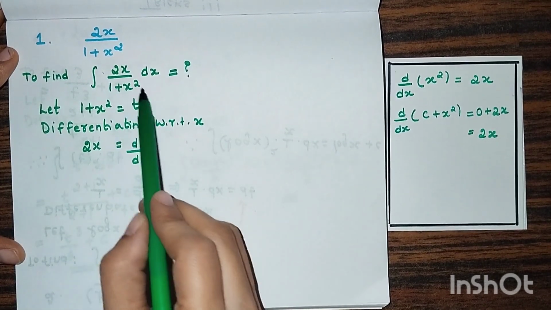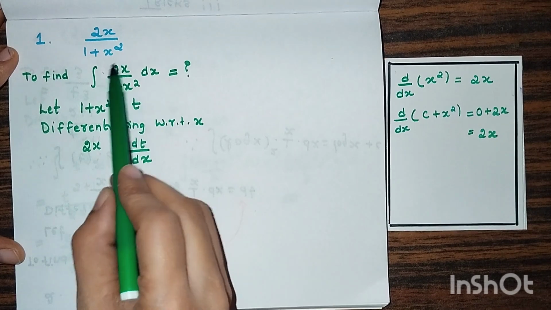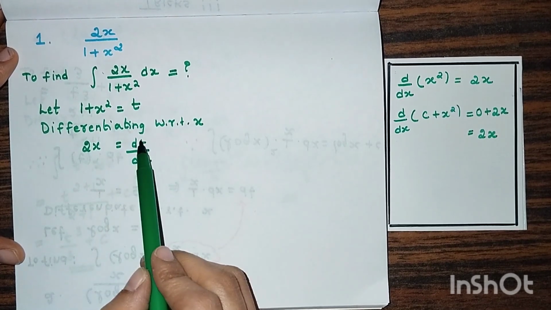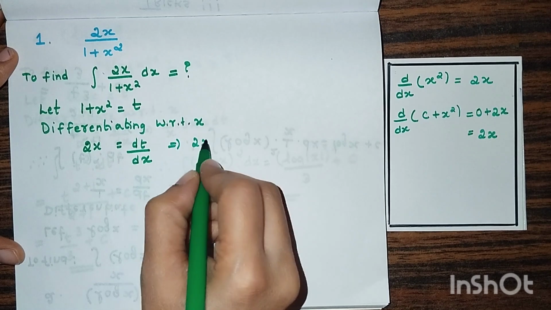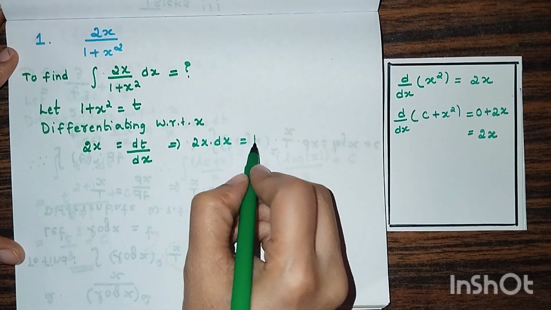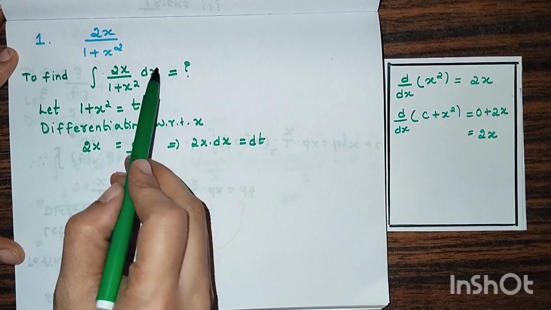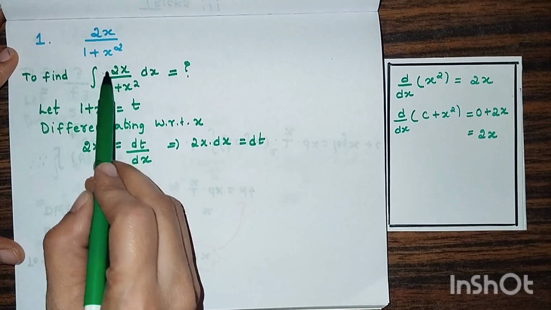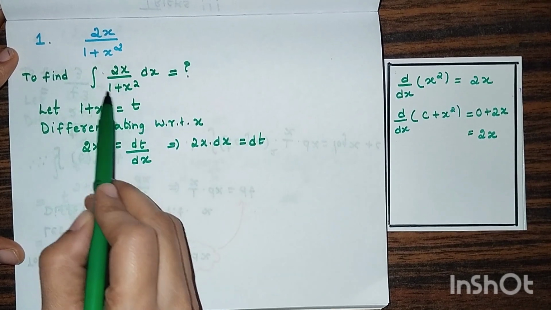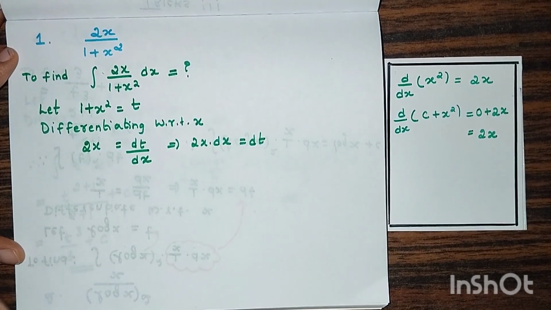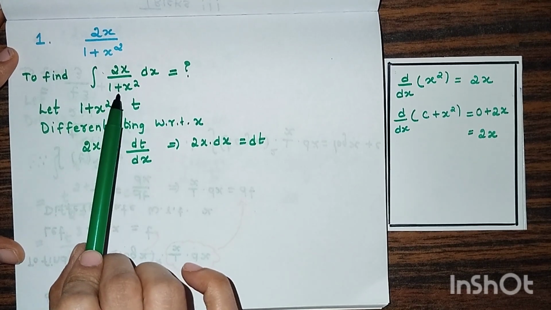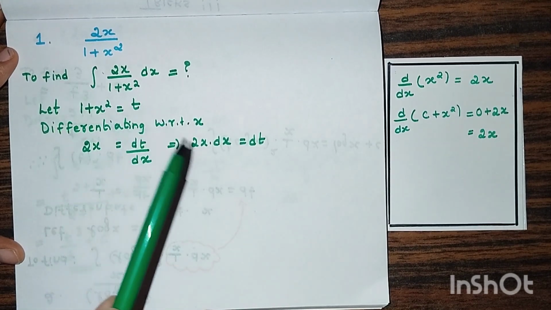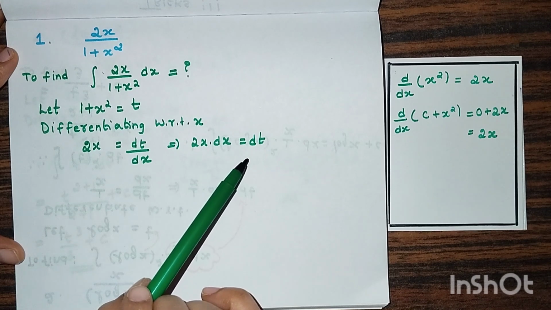So 1 plus x square is replaced with t. 2x is replaced by dt by dx. But what if we multiply this here? 2x into dx, so this will be equal to dt. So now we got the replacement for the entire numerator, 2x dx and 1 plus x square. So now all the functions with the variable x are now in the form of variable t.